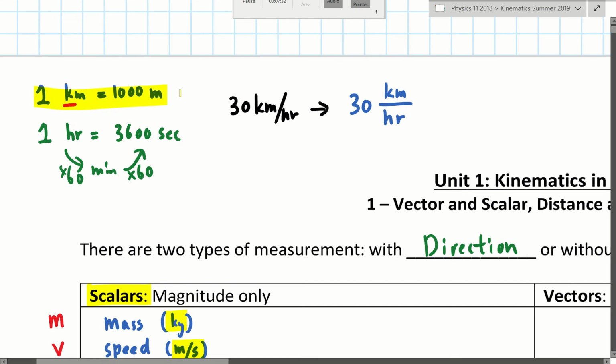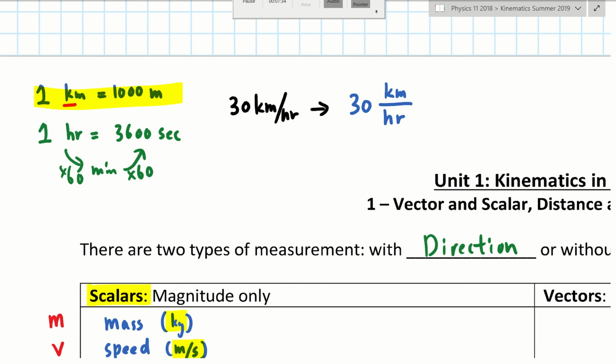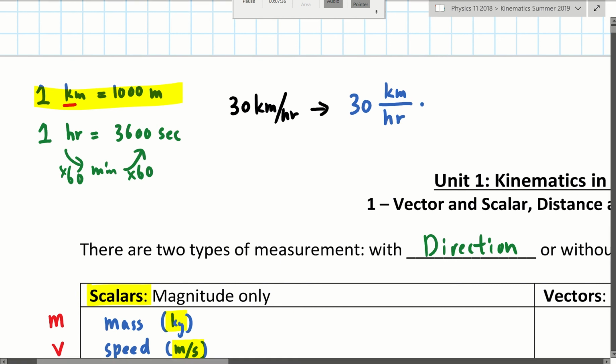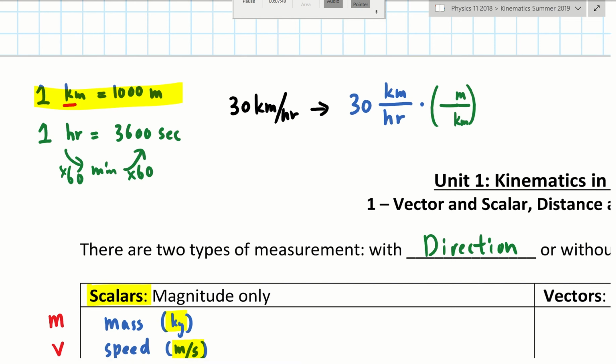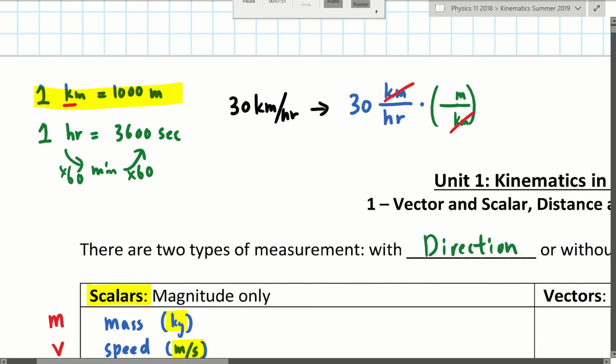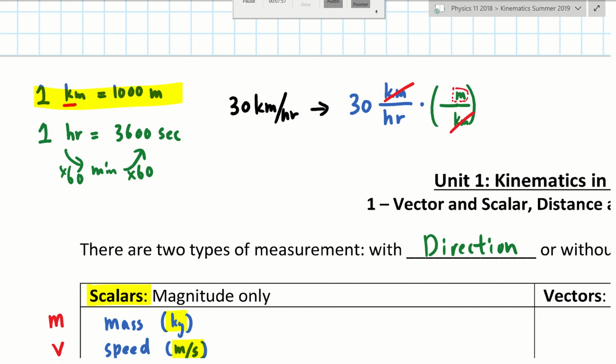So I'm going to use the first rule first, which is km going to meter, because at the end I want meters, right? So I'll multiply by a fraction which has km and meters in it. Where should I put km and where should I put meter? I should put km in the bottom and meters on the top. Why? Because I would like to cancel out the kilometer and only have the meters left at the end. Then I deal with the unit first and then I put the numbers in.